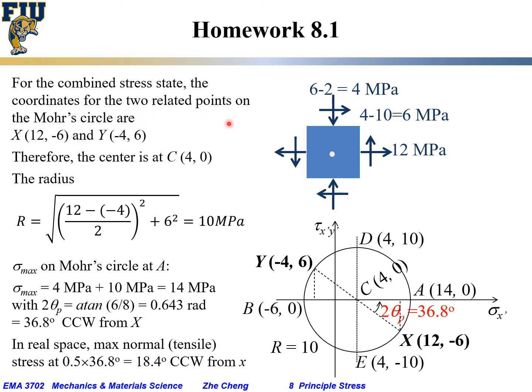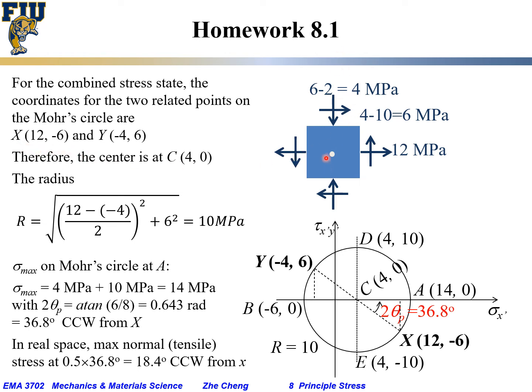For the horizontal axis or x direction, we have the capital X point, and the coordinates are 12 tensile, so 12 comma, and 6 for shearing stress, and it is trying to rotate the local unit counterclockwise. So based on the Mohr circle sign convention, it will be -6. The x coordinates are 12 comma minus 6.